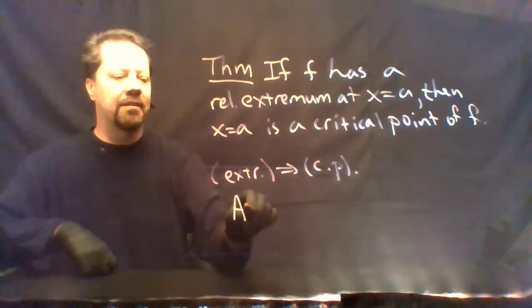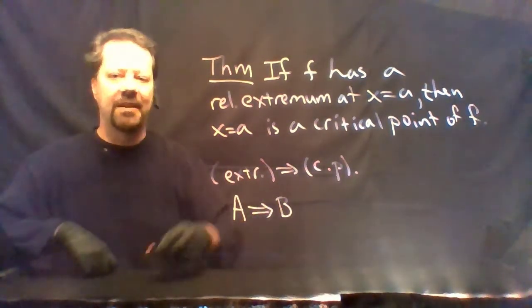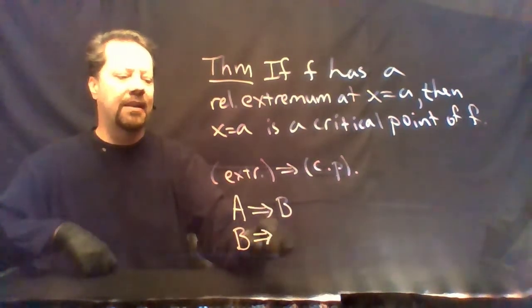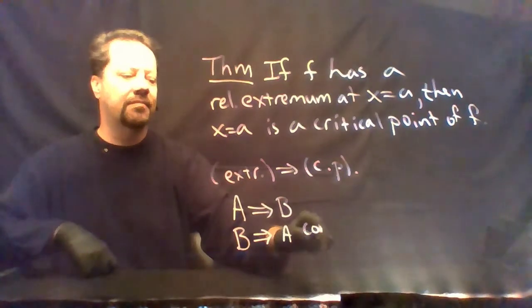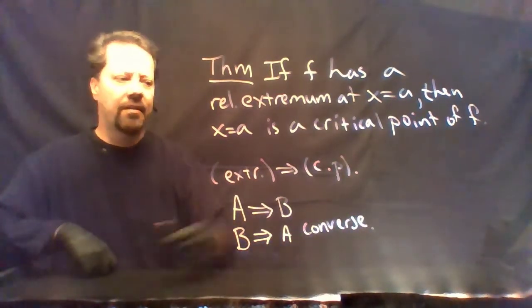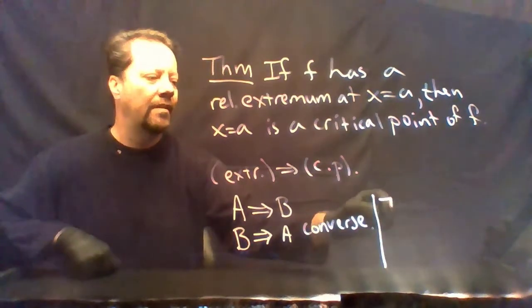When we have a theorem with statement A implies statement B, the converse is B implies A. There are two other things you should be aware of.